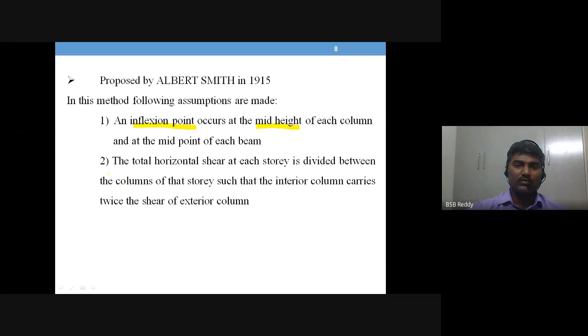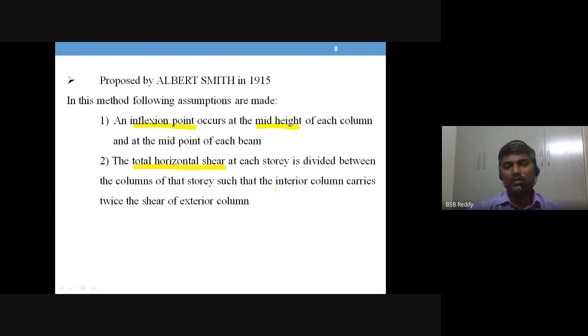Now the second one, which is very particular to this portal method, is that the total horizontal shear at each story is divided between the columns of that story. The horizontal shear in the exterior column and the interior column are related.